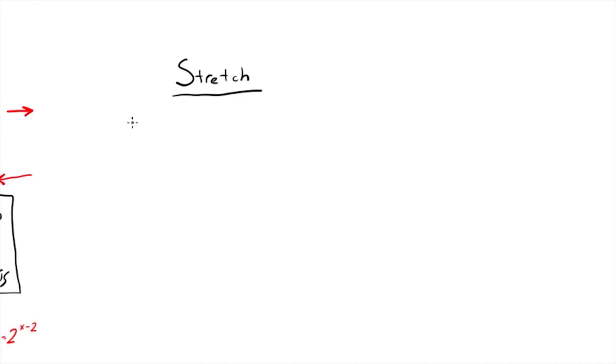We have case 1 for stretch, y equals 2 to the 2 times x. So here we're changing the exponent, so 2 times x. And the other case of that type of stretch, case 2, is y equals 2 to the x over 2, or dividing that exponent by something.